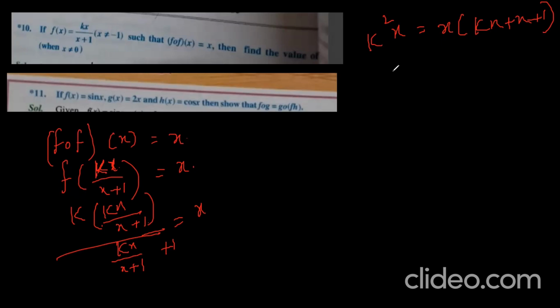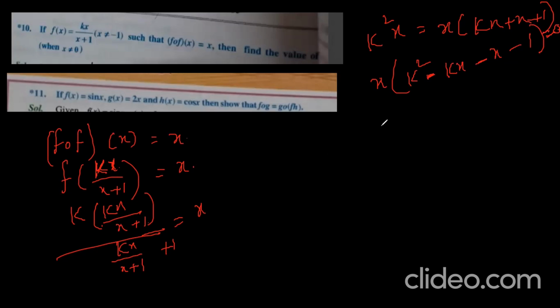No. k square x I can take common, no? In all. If I take x as common, k square minus kx minus x minus 1, which is equal to 0. If I take common, x into k square minus kx minus x minus 1 is equal to 0.